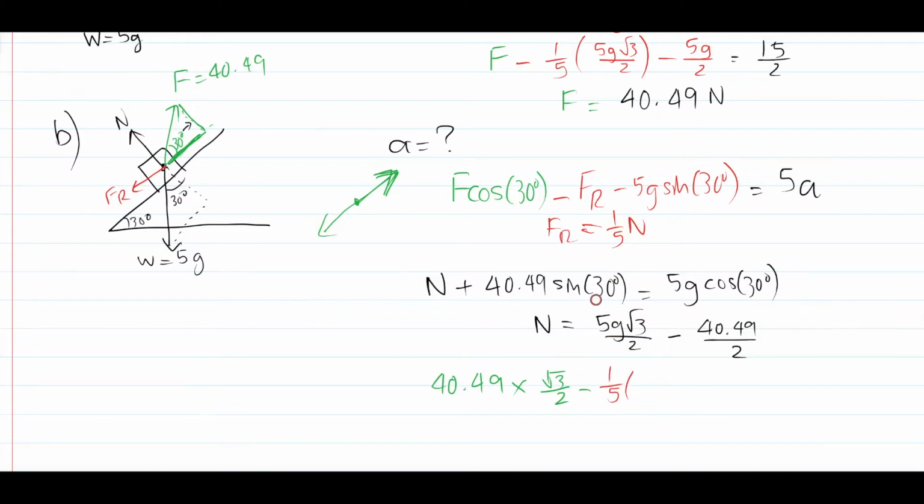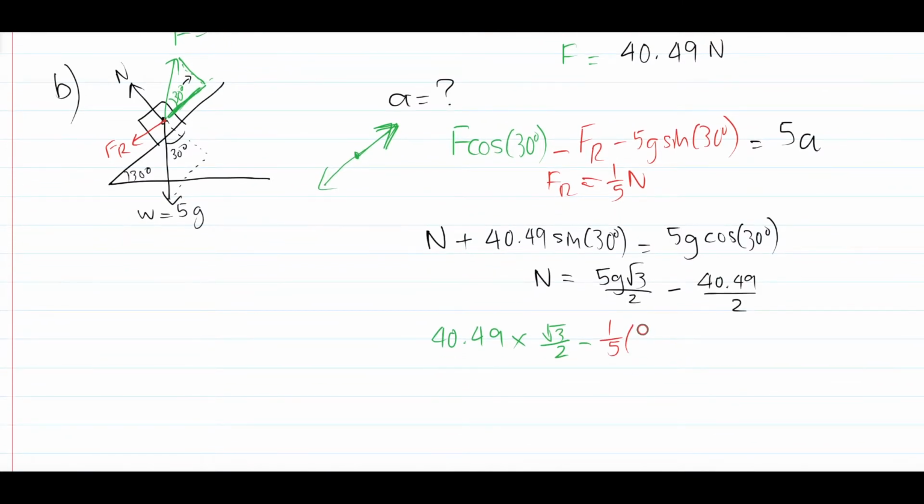You should be doing this on your calculator. It will solve it quickly. So 5g root 3 over 2 minus 40.49 over 2 minus friction, and then we also have minus 5g sine 30, which is 5g divided by 2, because sine 30 is a half. And you let that equal 5a.